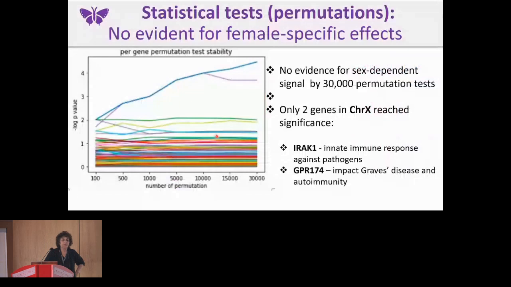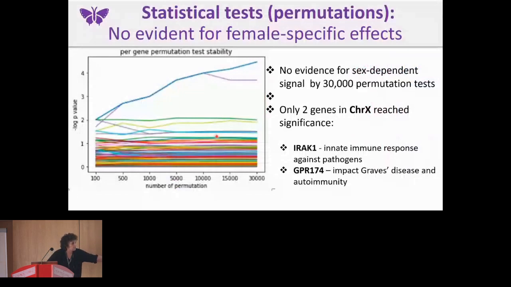So we did a permutation test to challenge ourselves, saying each and every gene, is it female, male, or let's randomize it and see if it's still important. And to our surprise, all genes fail the exam. So it means that there are no sex-dependent genes, besides 2 genes that were really consistent.